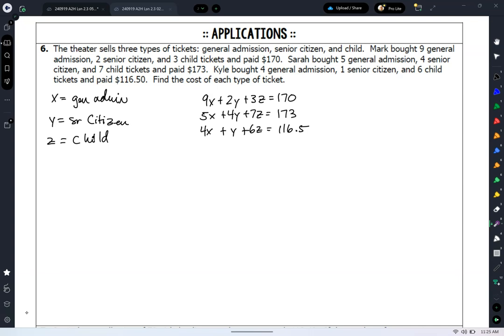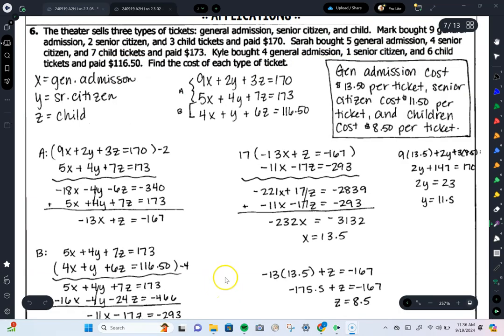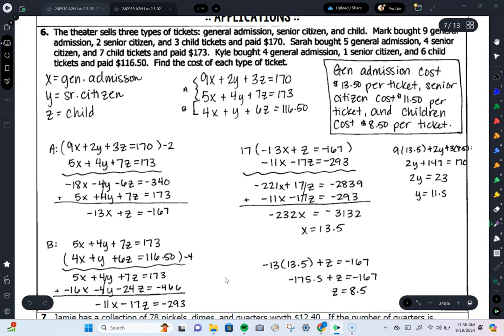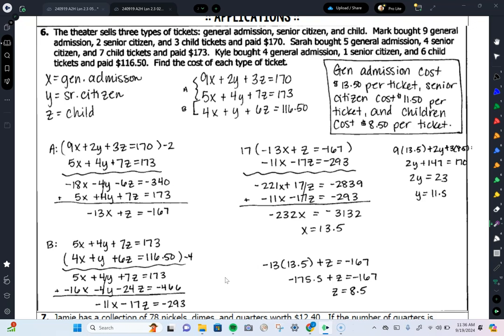So solve it and then write the answer in terms of the context of the story. So for our general admission and senior citizen question, you should have come up with this right here.